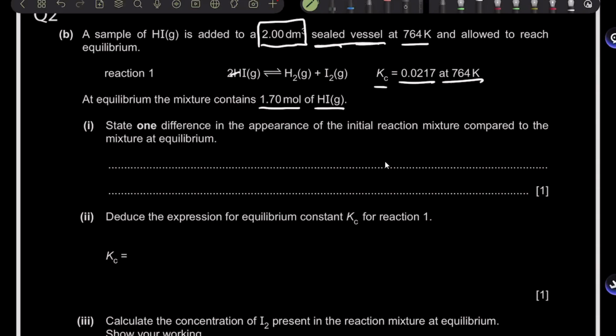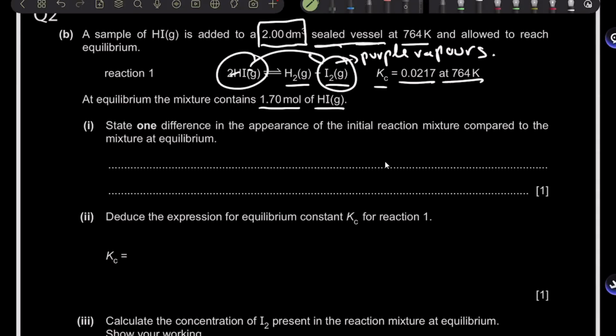So the initial reaction mixture is HI gas, right? It's a colorless gas. It does not have any color. But when the reaction starts to proceed, you produce iodine, right? Now, what's the color of iodine in gaseous form? It's purple vapors. So you're going from a colorless mixture to a darker mixture or a purple mixture, right?